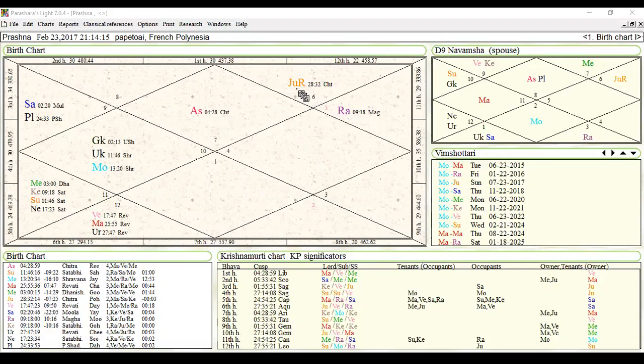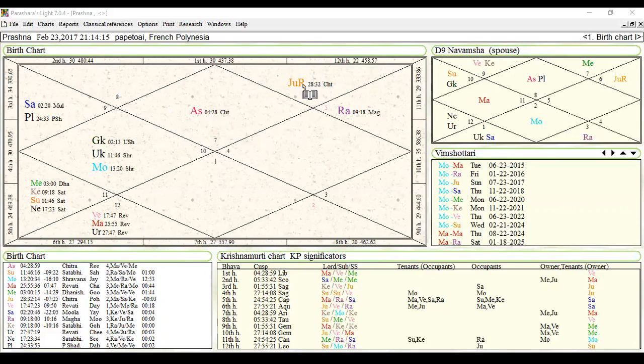Now, this Jupiter is already strong by virtue of being retrograde. When a planet is retrograde, it is closest to the Earth and hence brightest in the sky. So this planet Jupiter is not only retrograde, but it happens to be Vargotama. This is a fancy Sanskrit term that means it's in the same sign in the D9 as it is in the D1. So this tells us that this Jupiter is particularly juicy, juicy to produce results in this person's life.